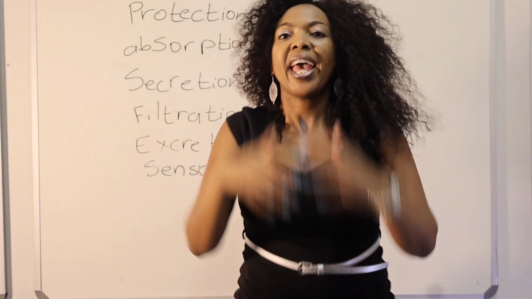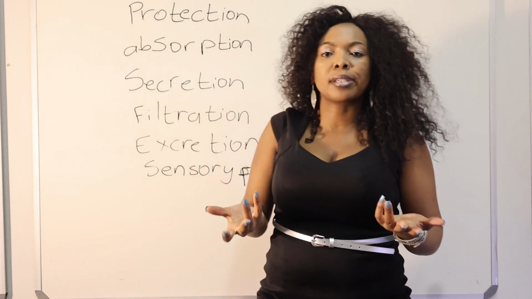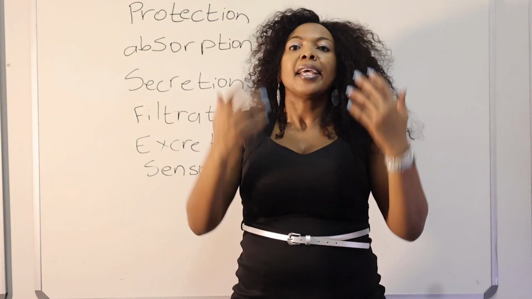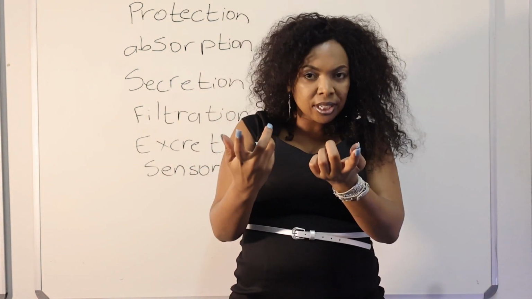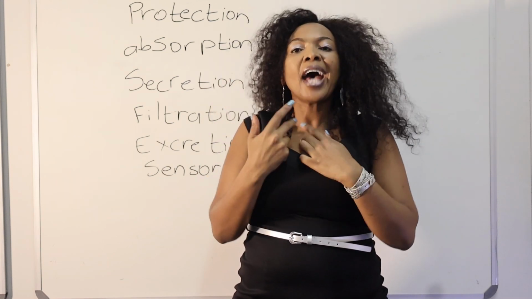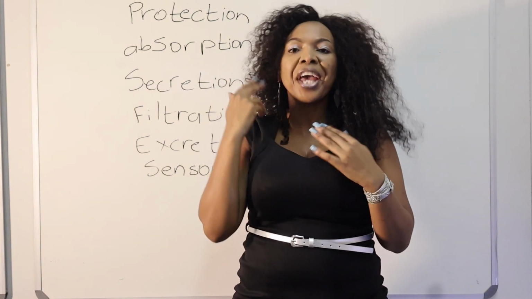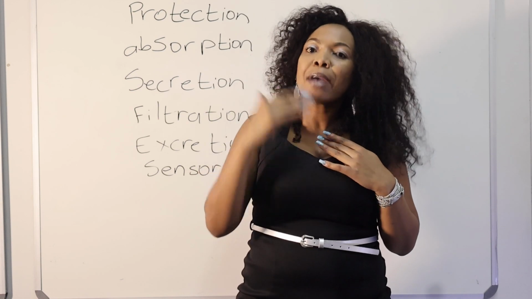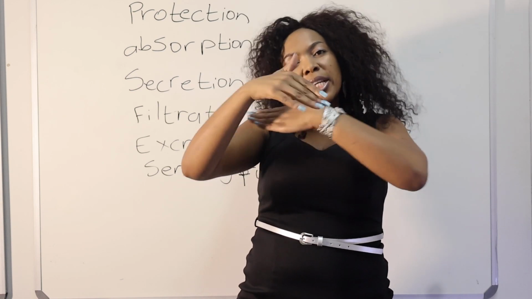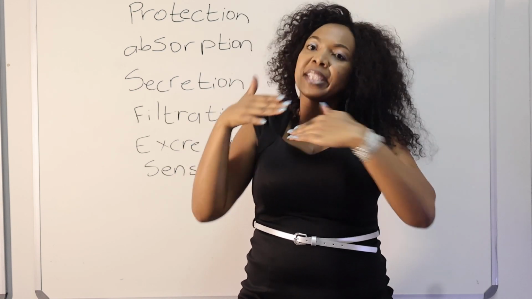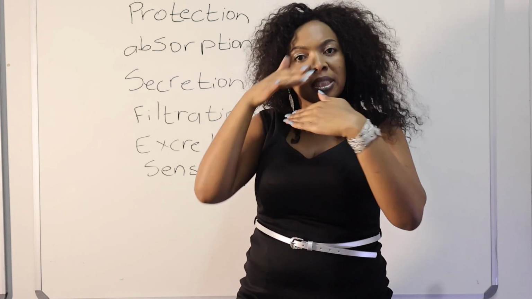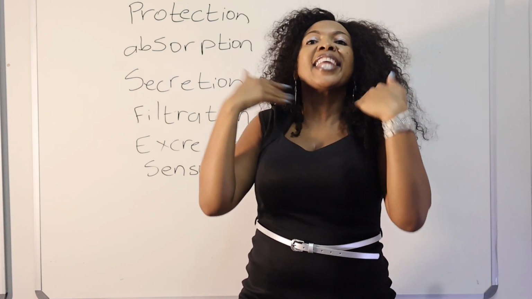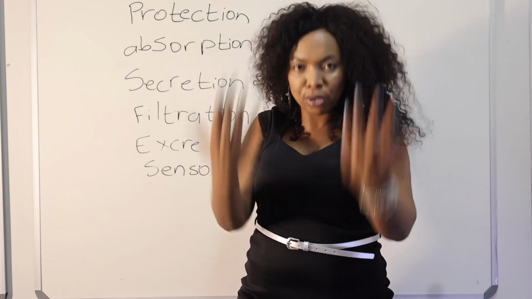So, every substance that gets in and out of the body has to pass through an epithelium. Why? Because an epithelium is a covering. It's a covering of the external structures of the body and the internal structures of the body.